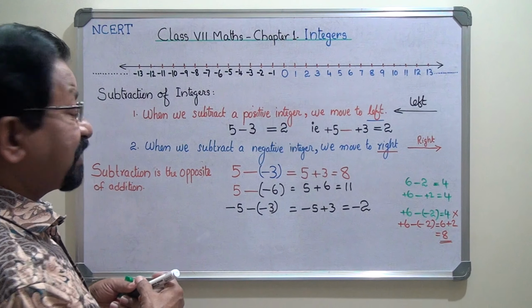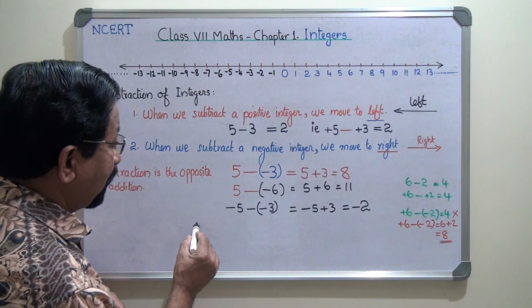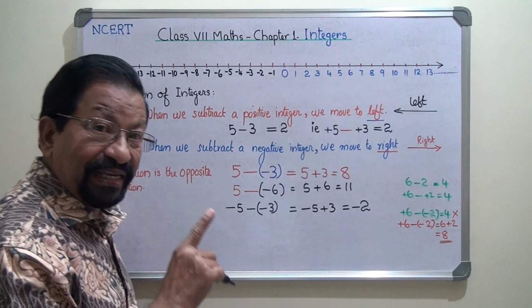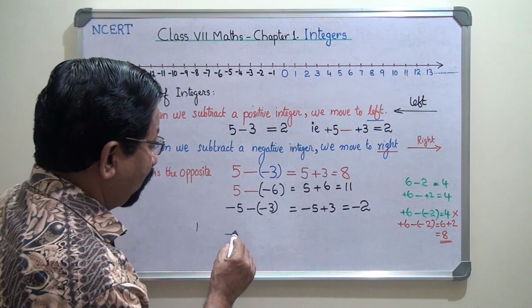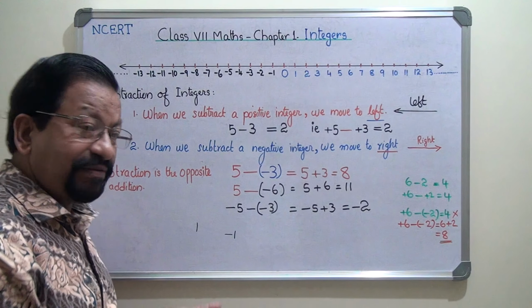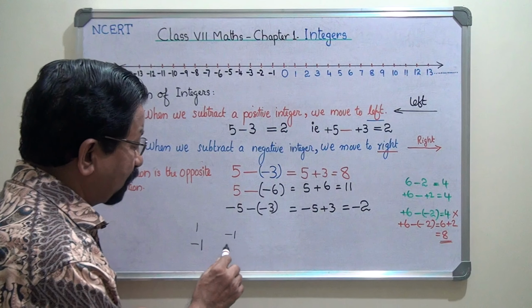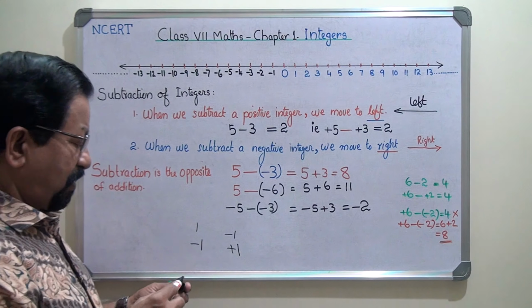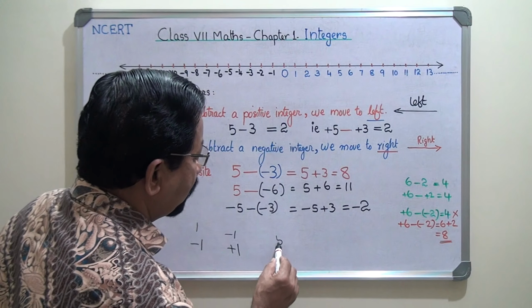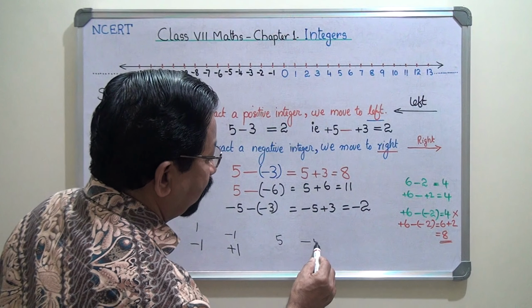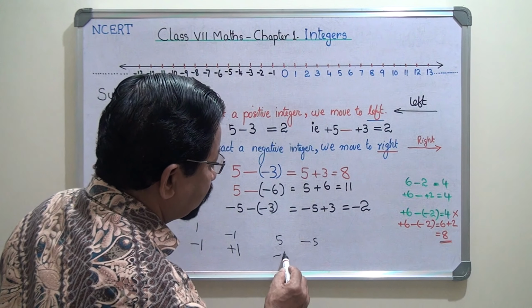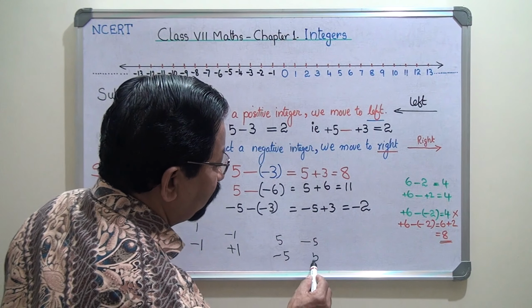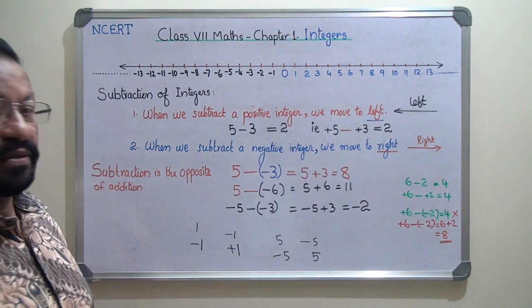Additive inverse means, suppose 1 is the number, the additive inverse of 1 is minus 1. Vice versa, the additive inverse of minus 1 is equal to plus 1 or 1. The additive inverse of 5 is minus 5, or the additive inverse of minus 5 is plus 5. We will not write plus 5, only 5.